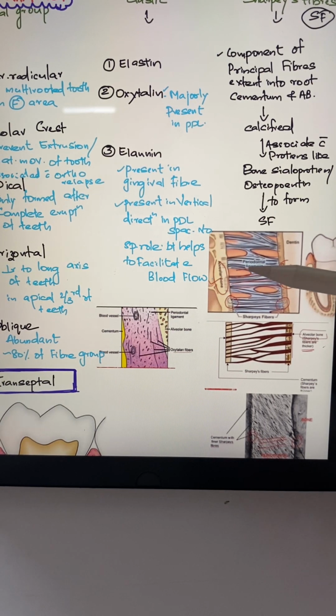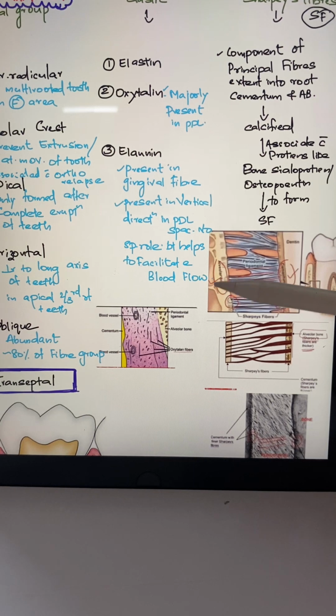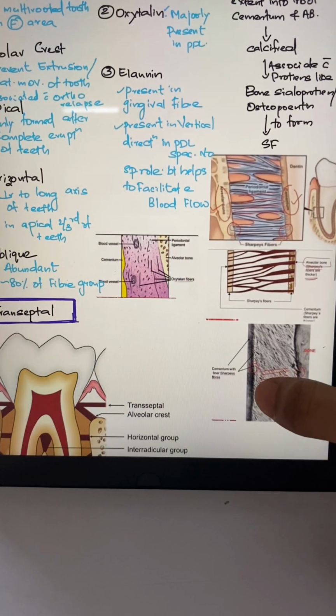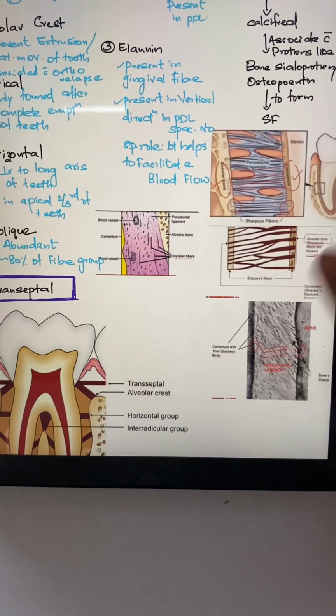If this is the periodontal ligament, they extend into the root cementum and also the alveolar bone, and they get calcified and associated with proteins like bone proteins or osteopontin, and they form the Sharpey's fibers. Around the alveolar bone area, these Sharpey's fibers are thicker, whereas around the cemental area, they are a little thinner. You can see this picture. Here it is thicker and here it goes thinner.